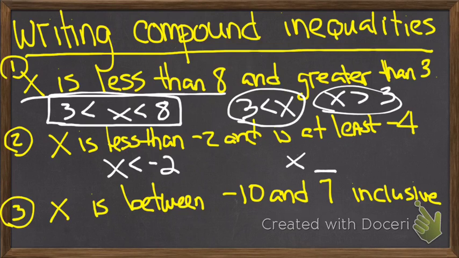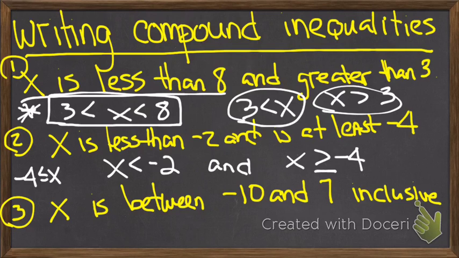Not less than. Oh, great. Greater than. So this is what it would look like. Now, how do I make it a single line one? How do I make the answer look like this answer up here that I'm putting an asterisk next to? Mr. Roulette. Negative 4 is less than or equal to x less than negative 2. Very good.